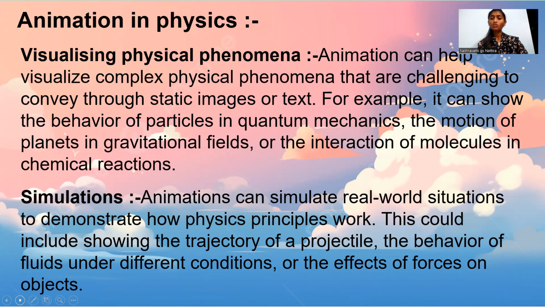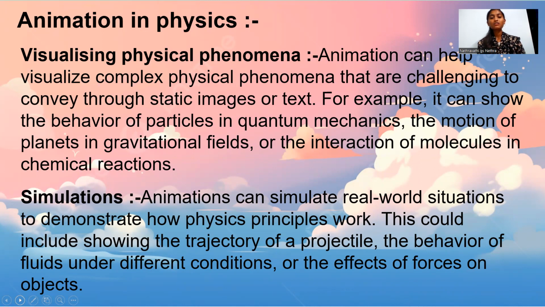It's like showing how the movement of molecules in chemical reactions happens, and in quantum mechanics, and the motion of a planet in a gravitational field. To show such things, they use visualizing physical phenomena, which makes the readers understand in a very proper and animated way.